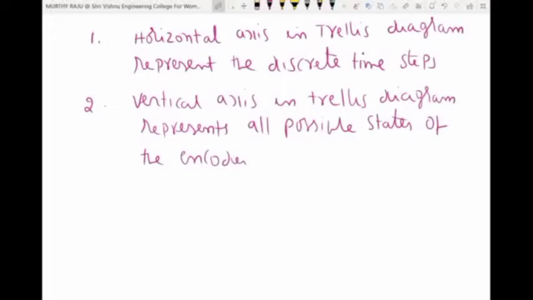The third important algorithm point is the Trellis contains L plus K levels.